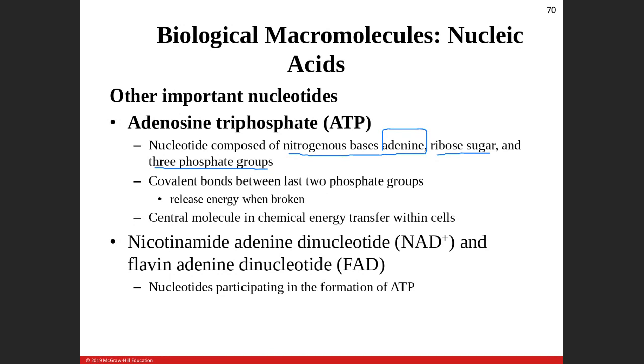These phosphate groups are covalently bonded to one another, and when we break these bonds, that's how we release the energy, and that's how we are able to undergo certain processes inside the body. These other 2 molecules, NAD and FAD, nicotinamide adenine dinucleotide and FAD, help with the formation or the creation of that ATP.